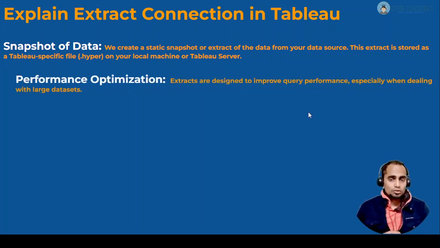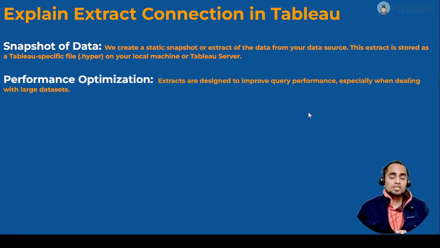Now the next point is performance optimization. Extracts are designed to improve query performance, especially when dealing with large data sets. As I mentioned, with a small handful of rice we can travel a mile, but if we have a bag of rice of 100 kgs, or even 10 kgs, it will be difficult. So here the extract comes to the rescue.